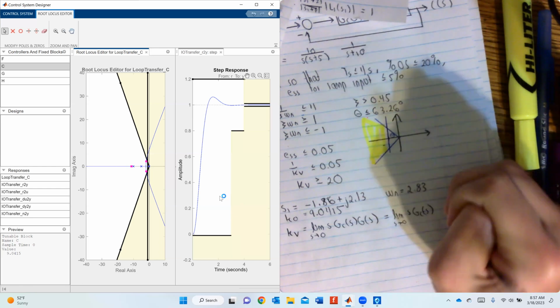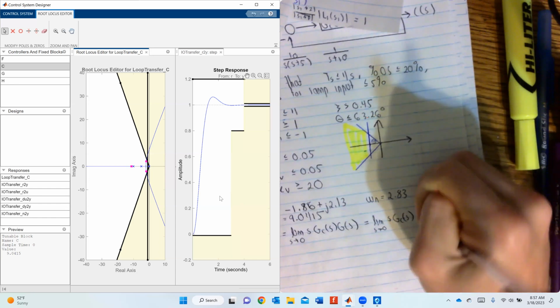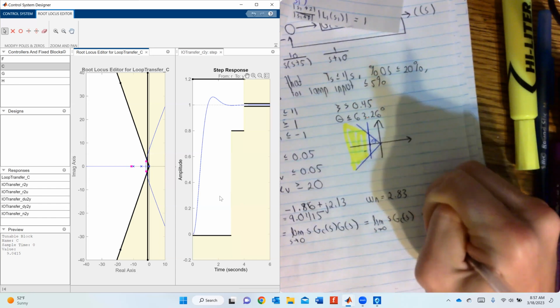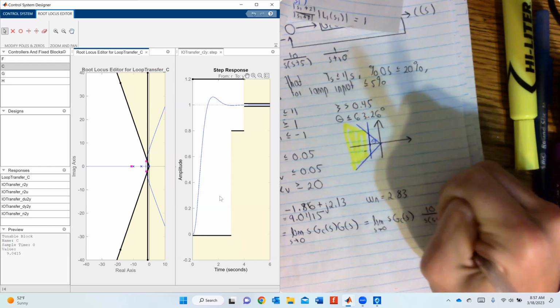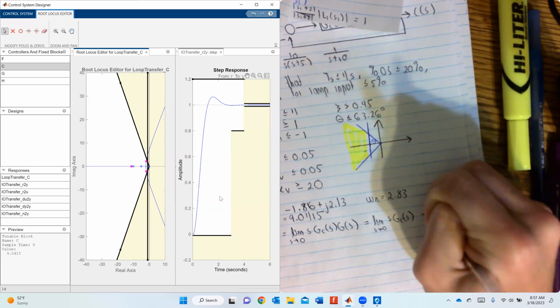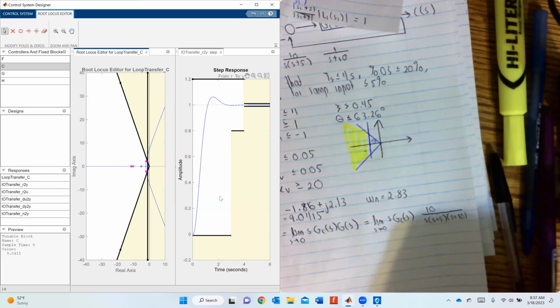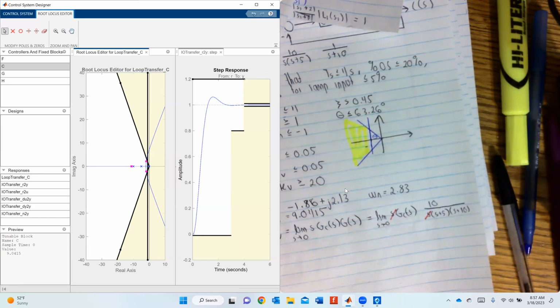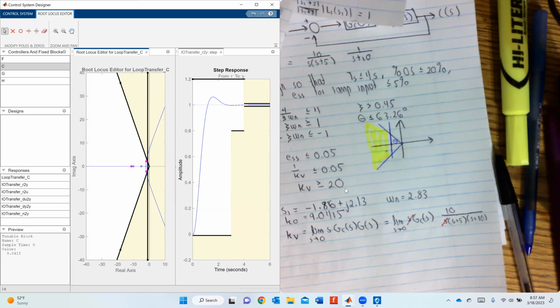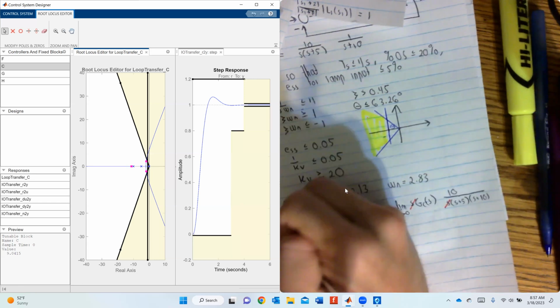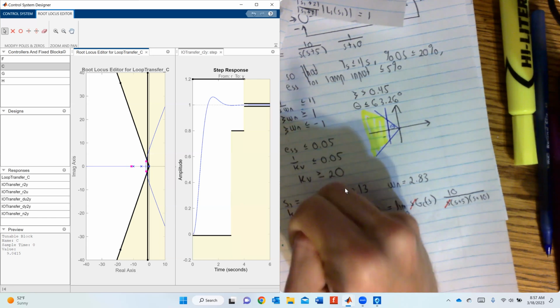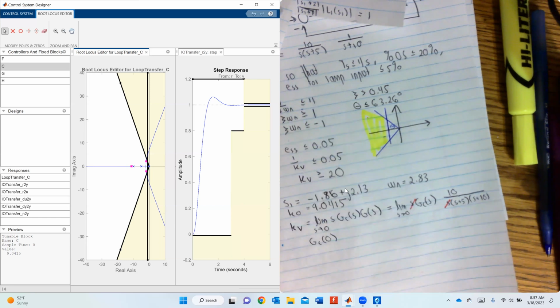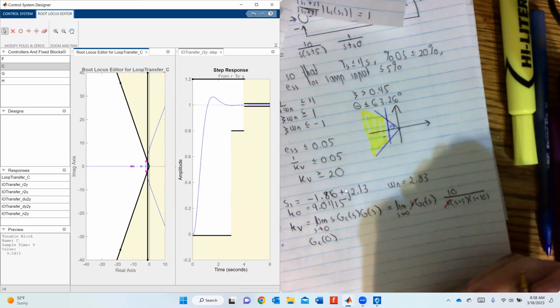We don't know our compensator, but our G(s) we do know, which is 10 over s times (s+5) times (s+10). The s will cancel with the s here. Then if we plug in 0, you're going to get Gc(0) times 10 over 50.